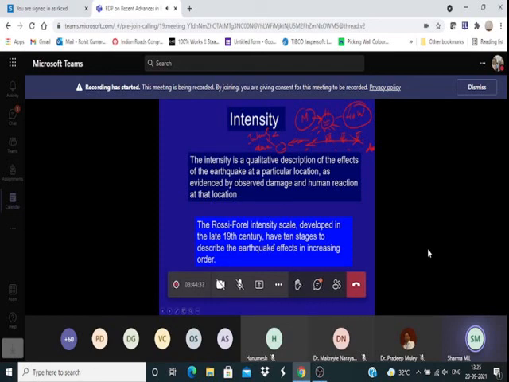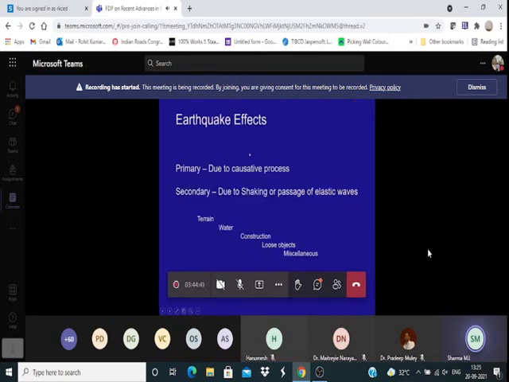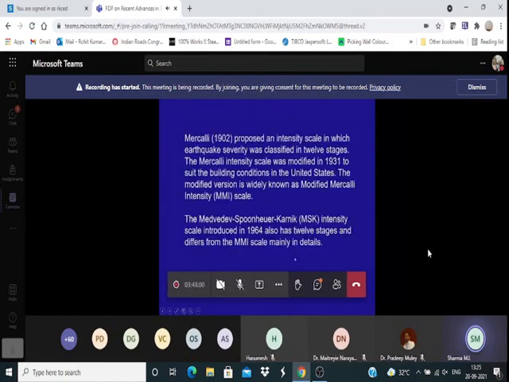Rossi Forel gave it in 10 stages. So if it is an observation, then it has to be in terms of the secondary effects: what is the effect on terrain, on water, on construction, loose objects, and miscellaneous. When all these come together, they make an intensity scale.